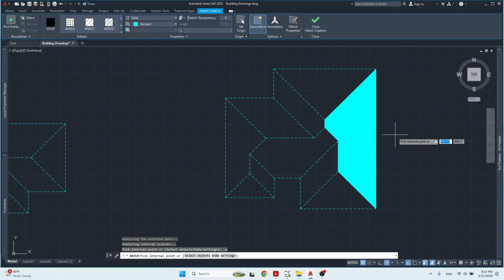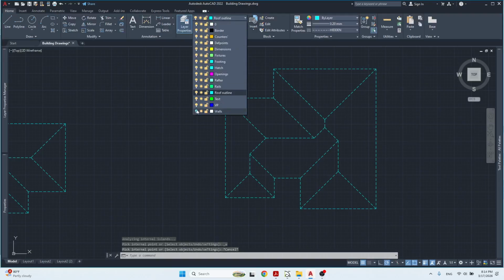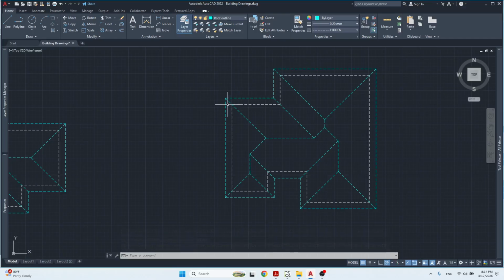Alright, so basically that is the way I go about creating roofs. We start with the outline, and then we start with the biggest portion. Well, I like to start with the biggest portion. I treat that as my main roof, as if that is a building by itself, and I draw a simple hip roof on that.